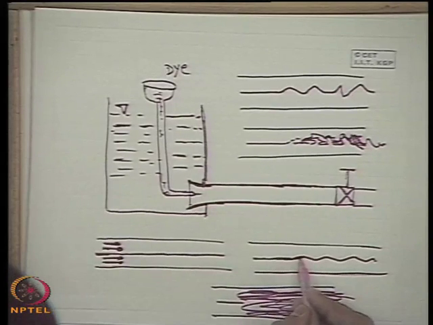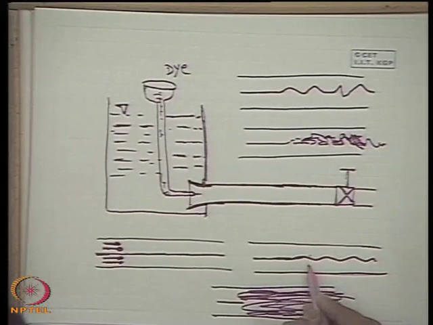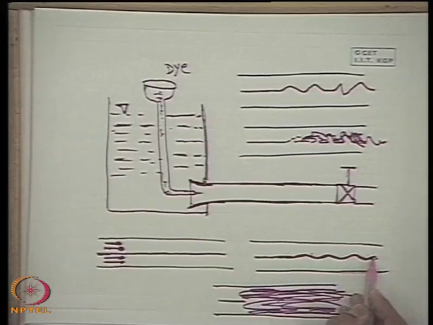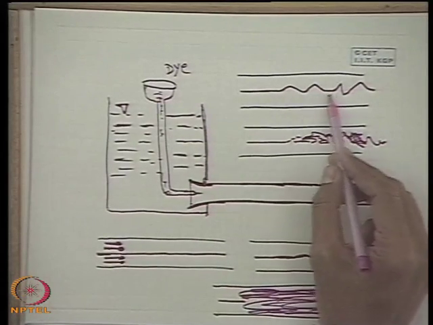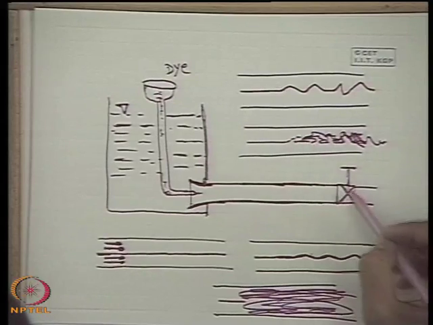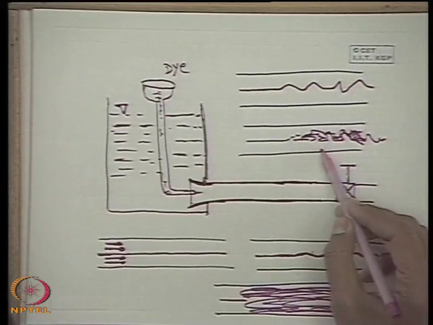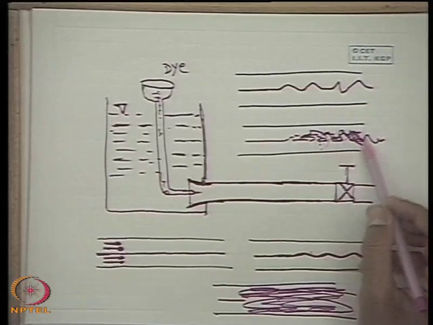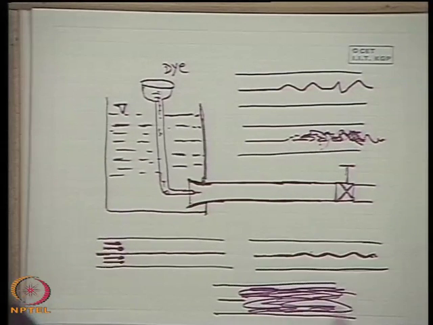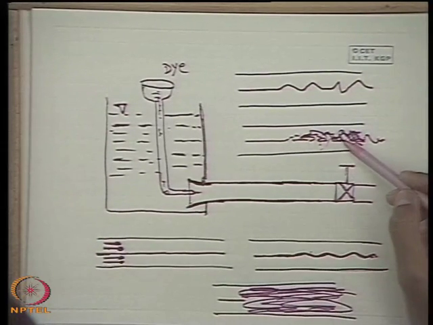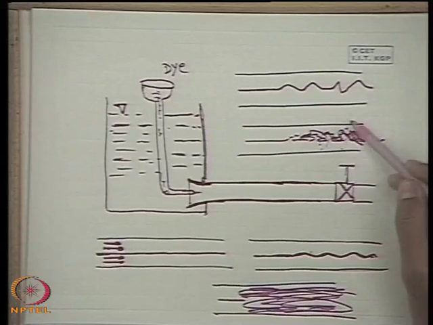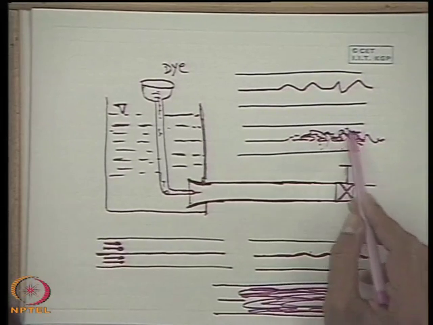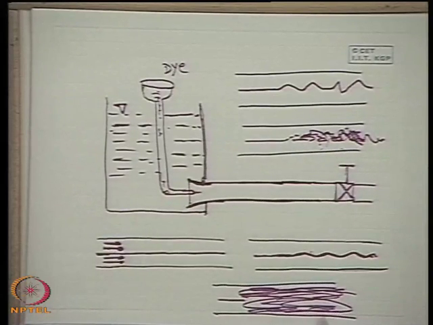That means there occurs a transverse velocity which is fluctuating with time and space, so that the thread becomes wavy, and it becomes still more wavy as the flow is increased, and at still higher flow the flow becomes totally irregular in nature, so that the entire flow becomes colored. That means the fluid particles intermingle with each other in the transverse directions, so that the colored thread gets an opportunity to mix with the entire fluid, and the fluid becomes colored.